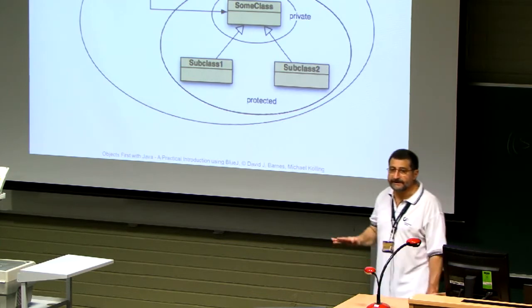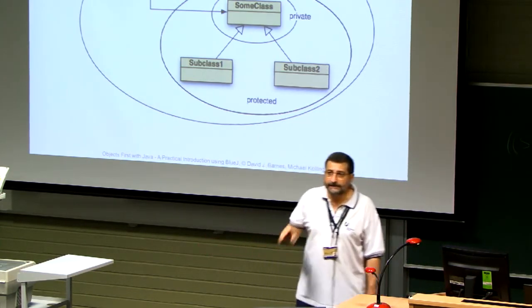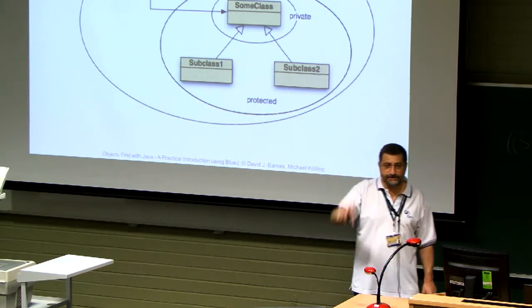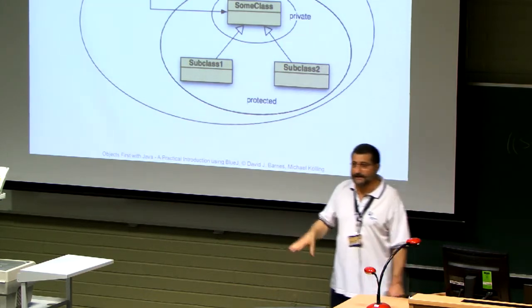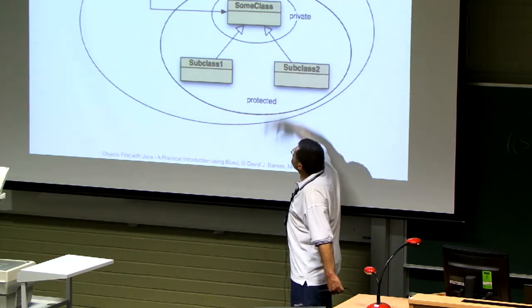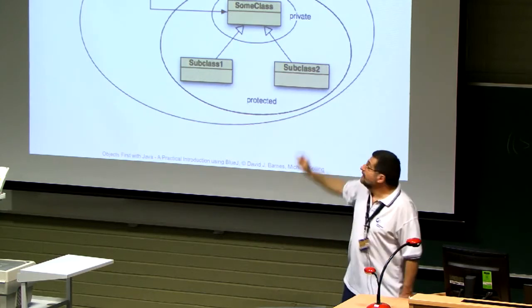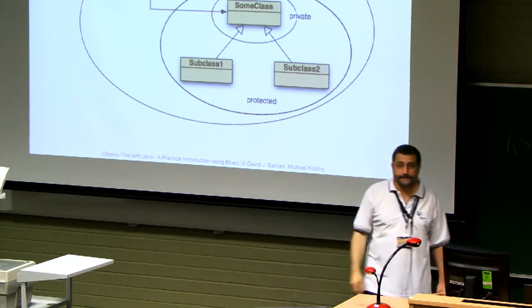You see the distinction? Public means everybody can see it. Protected means only the class and its children can see it, but any class that's not a descendant of the superclass, nobody else can see it.